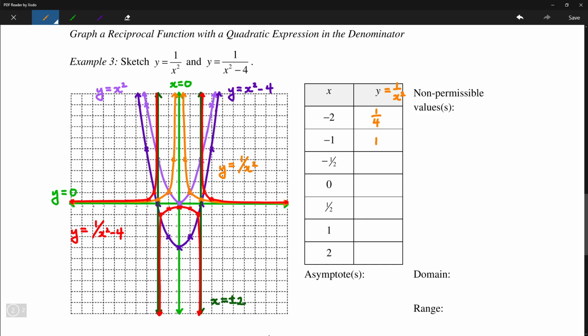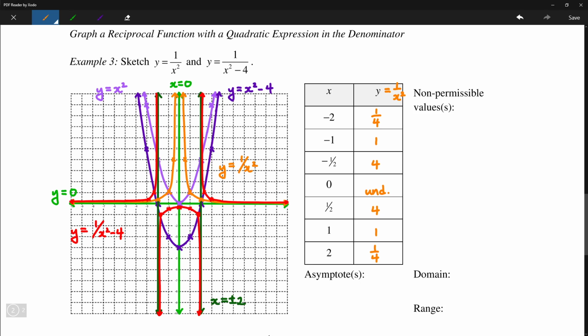And then the square of negative 1/2 is 1/4. The reciprocal is 4. And then, of course, this is once again undefined. And then 1/2, 1, and 2, the square and then reciprocal will be 4, 1, and 1/4 respectively.